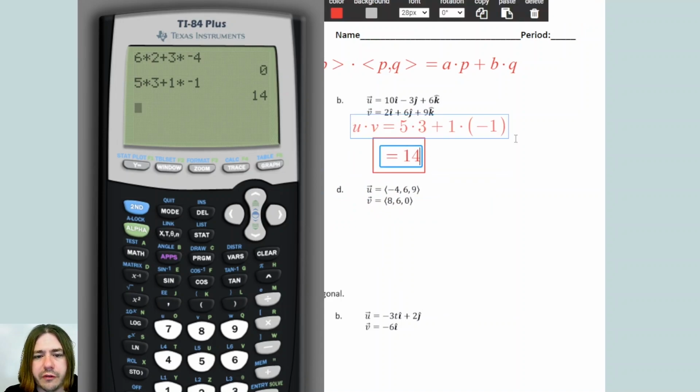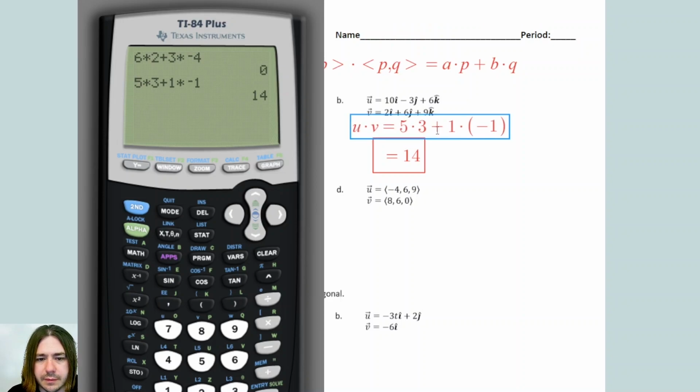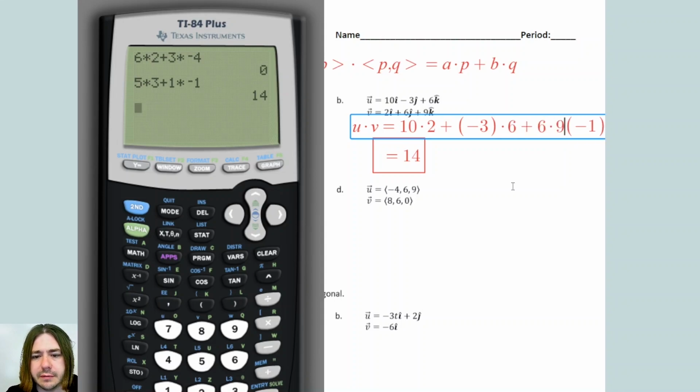So here we've got 10 times 2 plus, looks like negative 3 times 6 plus 6 times 9. Notice here, we're multiplying our first components, our second components, our third components, and then we'll just add everything together.